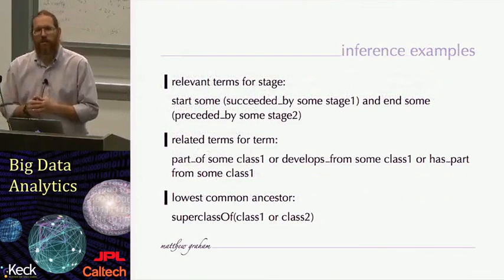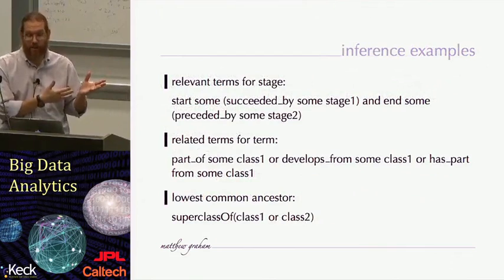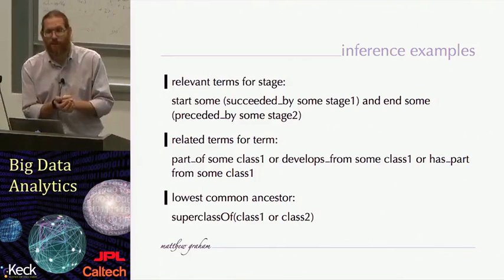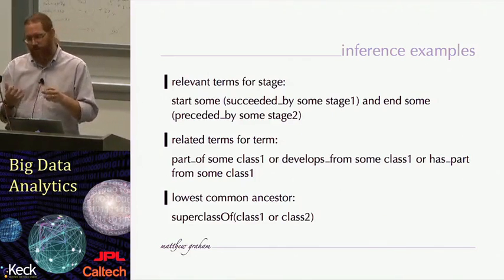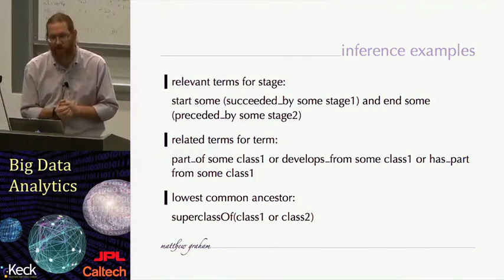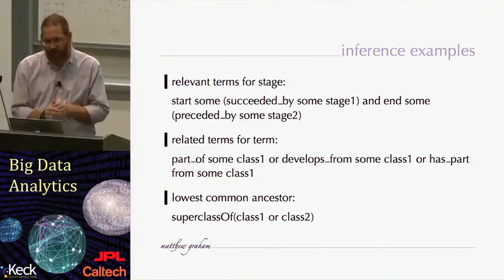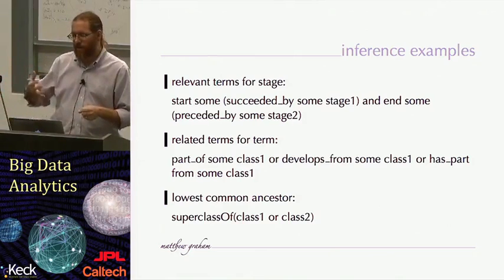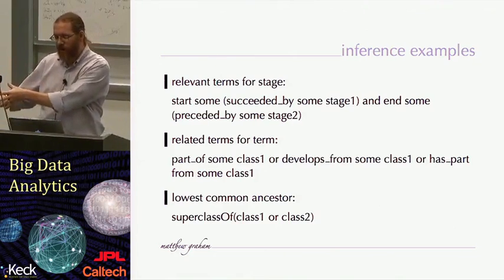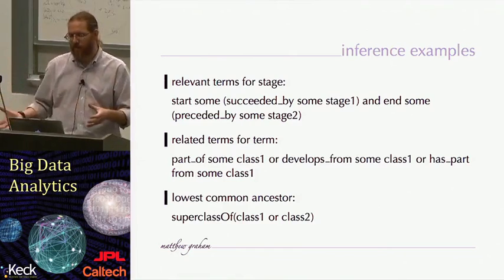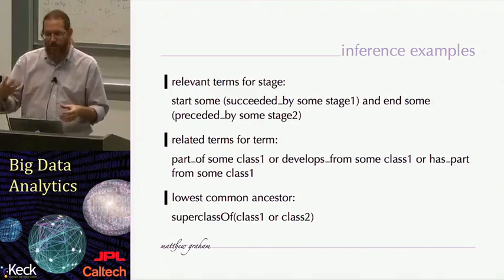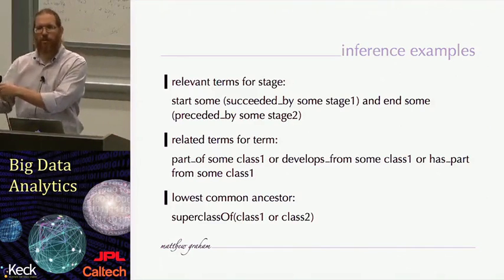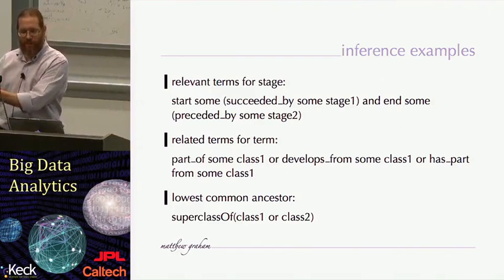Some of the inferencing examples that one of our smart applications might use, if you remember the set of zebrafish multimedia data that we talked about as an example in the last module, then we may have some inferences that we're going to run. We have an ontology behind it. We have our data marked up in terms of that ontology. And so we may want to look for anatomical terms which are relevant for a particular stage of development.